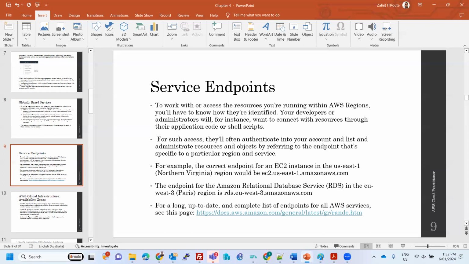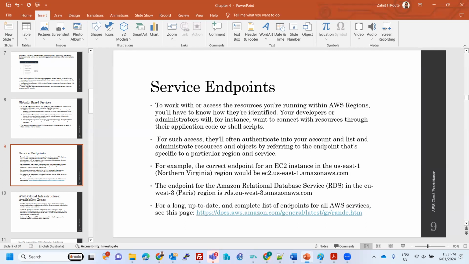For example, the correct endpoint for an EC2 instance in the US East 1 North Virginia region would be ec2.us-east-1.amazonaws.com. The endpoint for the Amazon Relational Database Service in the EU West 3 Paris region is rds.eu-west-3.amazonaws.com. So they are kind of like endpoints or locations. Each of the locations is kind of like an address.